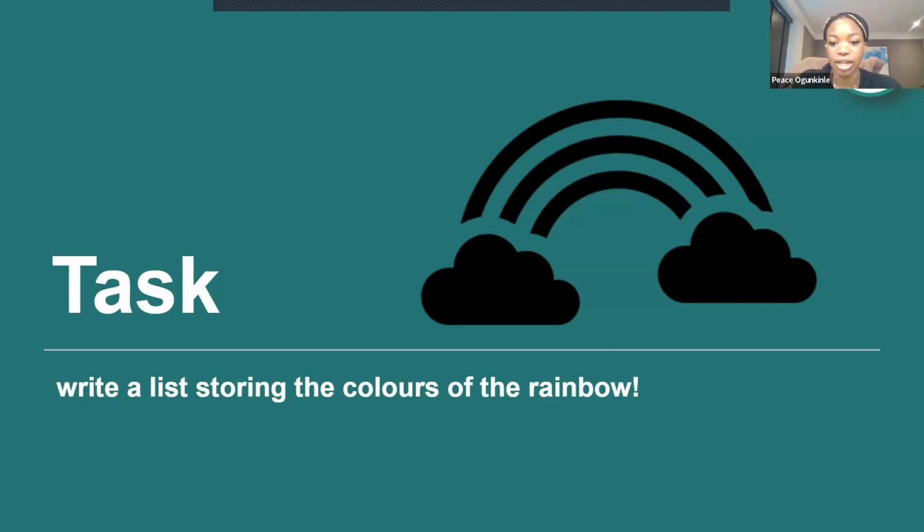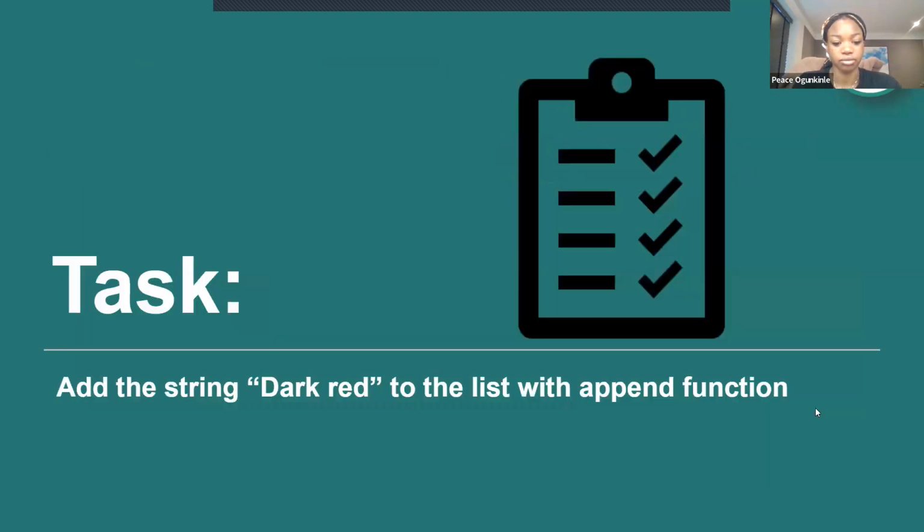I want you to try to add the string dark red to the list. And remember, append adds it to the end. So when you print it, it should have dark red at the end of the list.